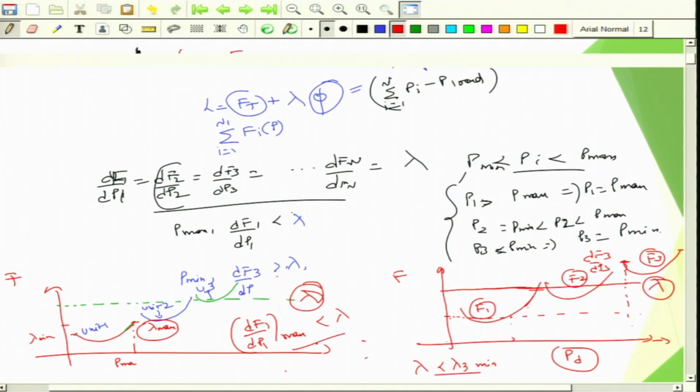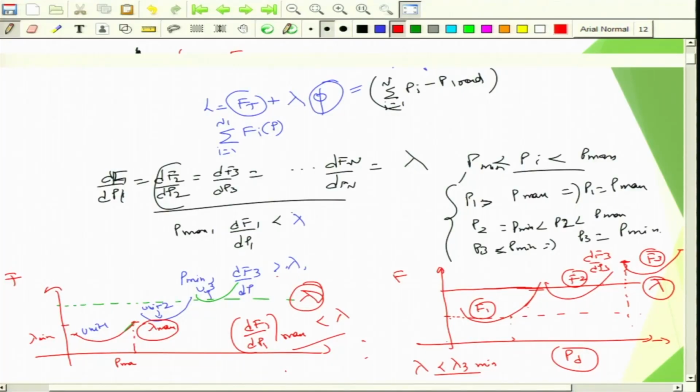That means for any combination of generators, if a particular generator is touching its upper threshold, then that particular generator lambda will always be less than the actual lambda, and if it is touching the lowest threshold, then that particular lambda will be greater than the overall lambda of the operation. I hope this is clear, this is very important to understand.